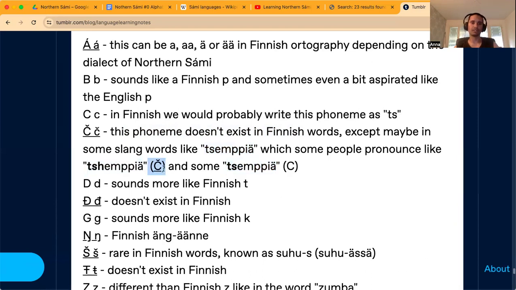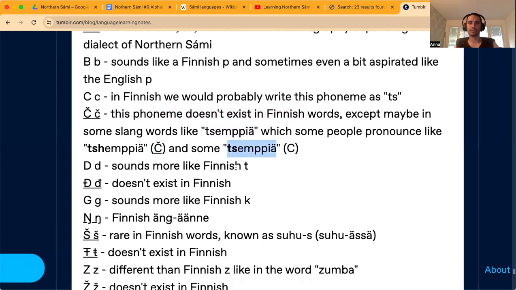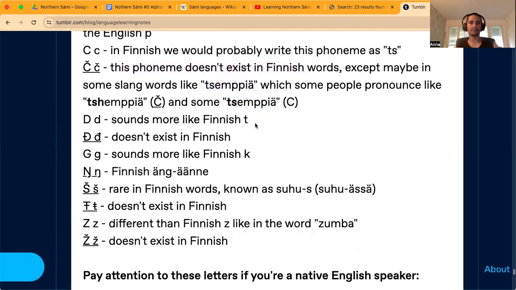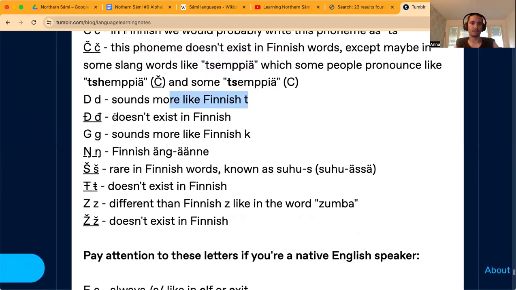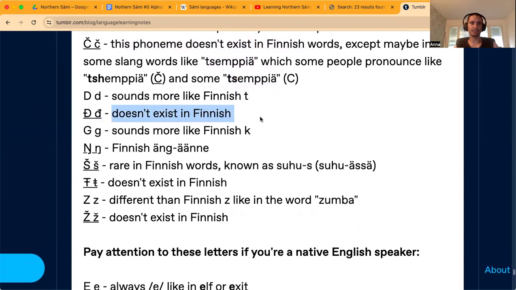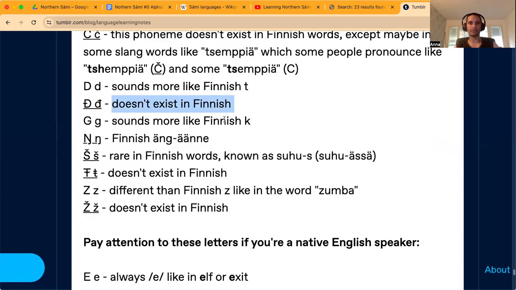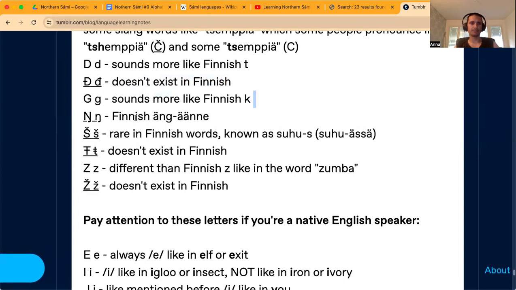Tsemppiä would be this C and tsemppiä the other C. So I think that's a good rule for Finns. D, like Finnish T, the th doesn't exist in Finnish, which might be hard because sometimes the voiced and voiceless th are difficult for Finns.